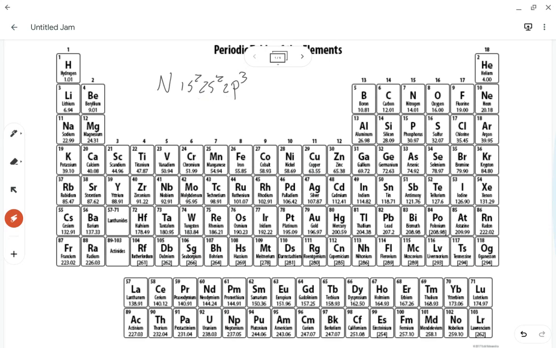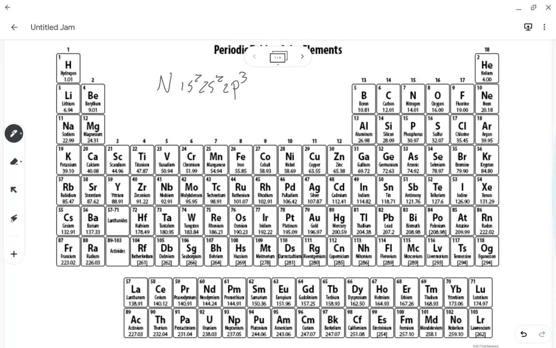In the 2s and the 2p, there are 2 plus 3 electrons. So nitrogen has 5 valence electrons. You'll notice nitrogen is in group 15, so it's got 5 valence electrons.